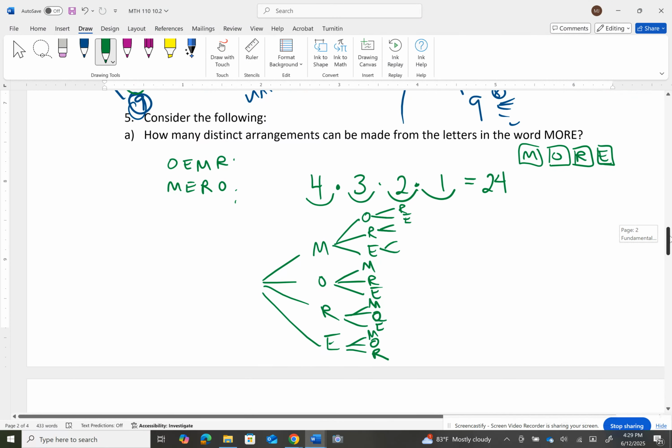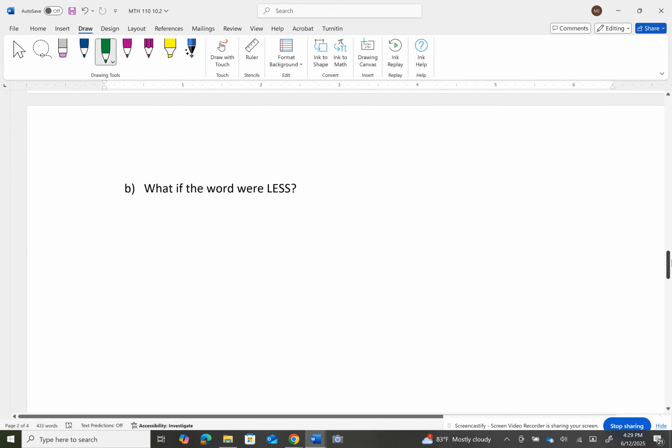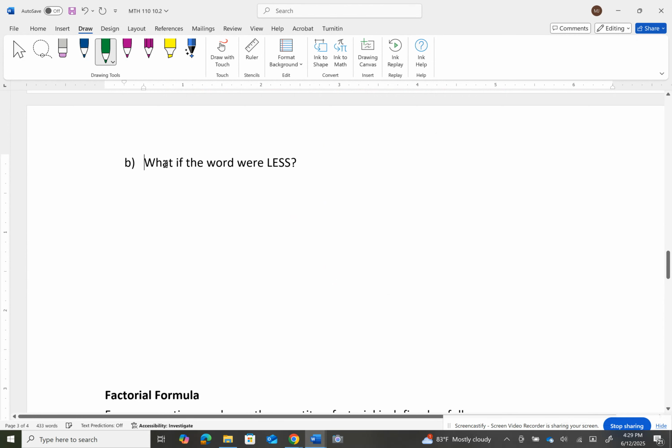We're going to look at how many distinct arrangements I could make from the letters in the word "less," okay? So there's a huge difference between these two situations.